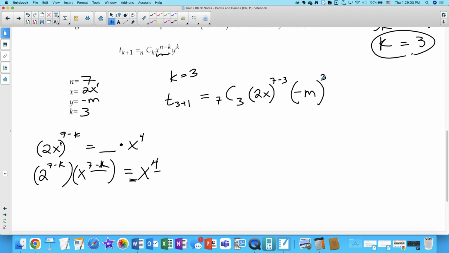And 7 choose 3 is 35, I think. This is 2x to the 4, so that works out to be 16x to the 4, and then this is negative m cubed.